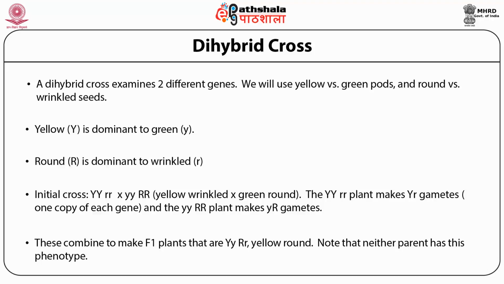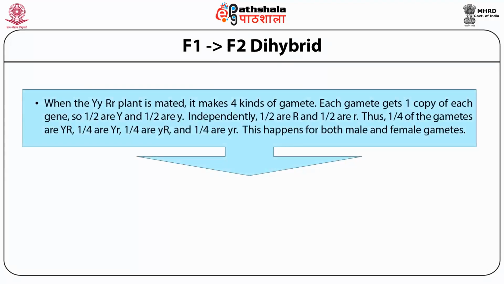Note that neither parent has this phenotype. When the Yy Rr plant is mated, it makes 4 kinds of gamete.